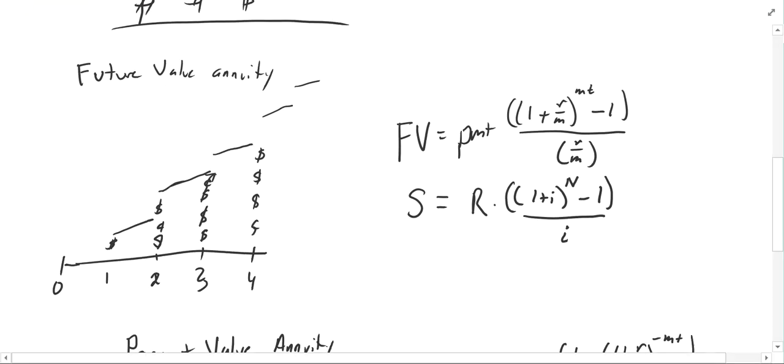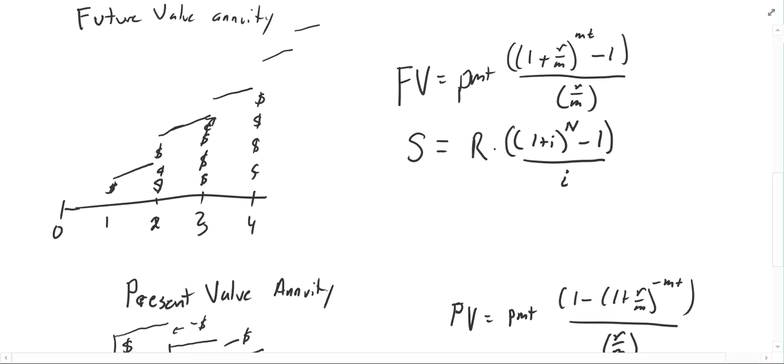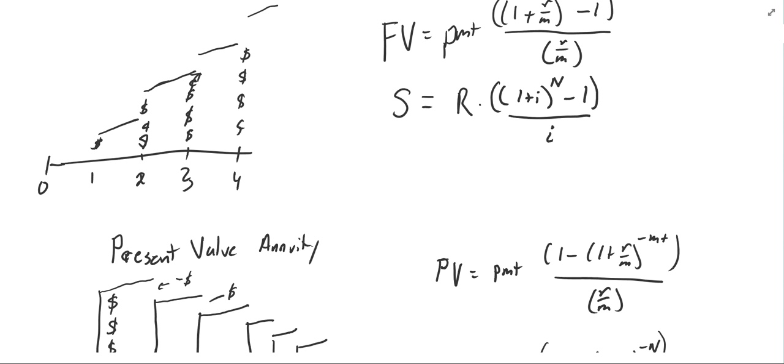With the two annuities, the future value and the present value annuity, you're making repeated payments. You're either adding money into the account at regular intervals, or you're taking money out at regular intervals. With the present value annuity you're making the balance go down, and with a future value annuity you're making the balance go up.